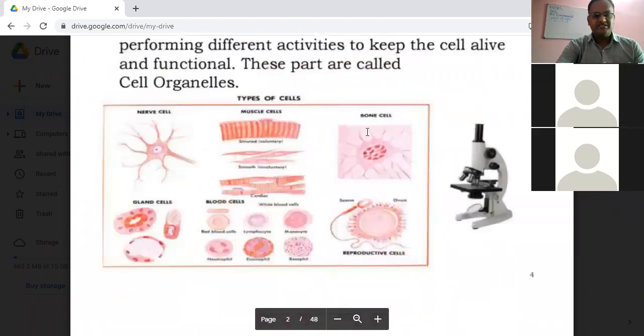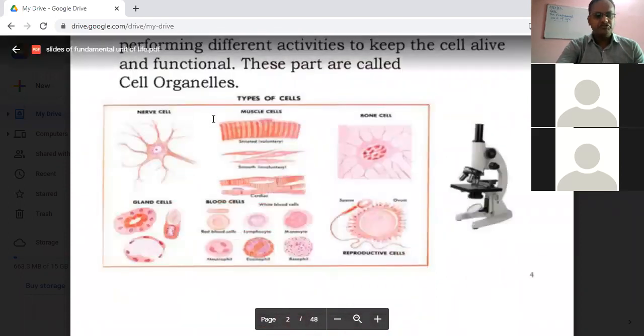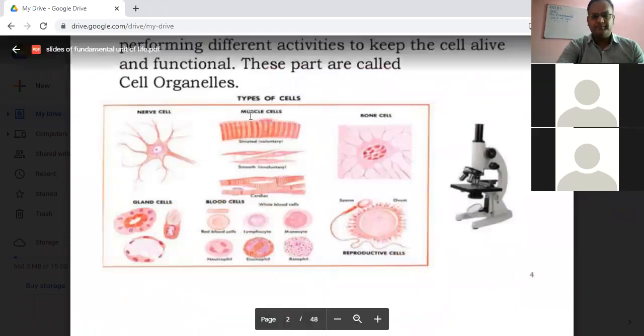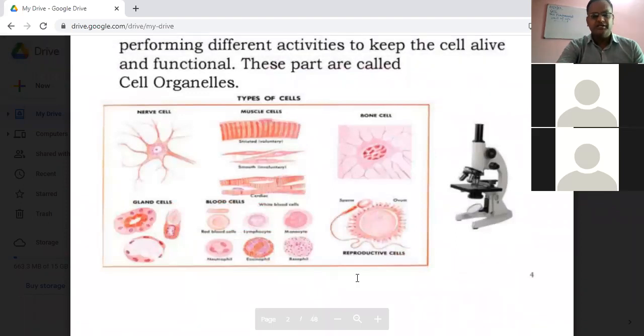Now, students, as I have already stated, you can see in this image there are different types of cells: nerve cell, muscle cell, bone cells, reproductive cells, gland cells.